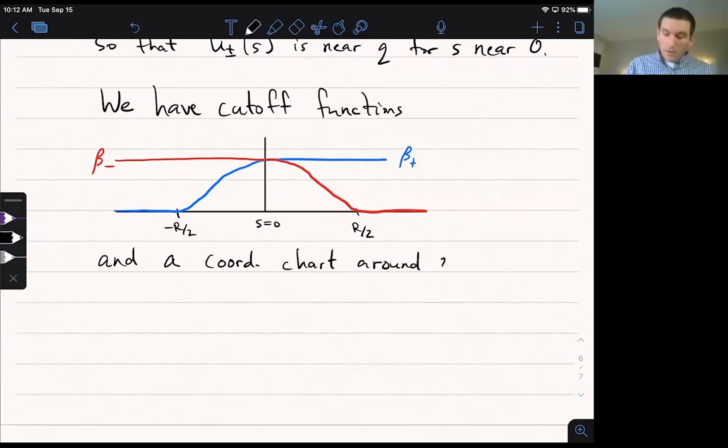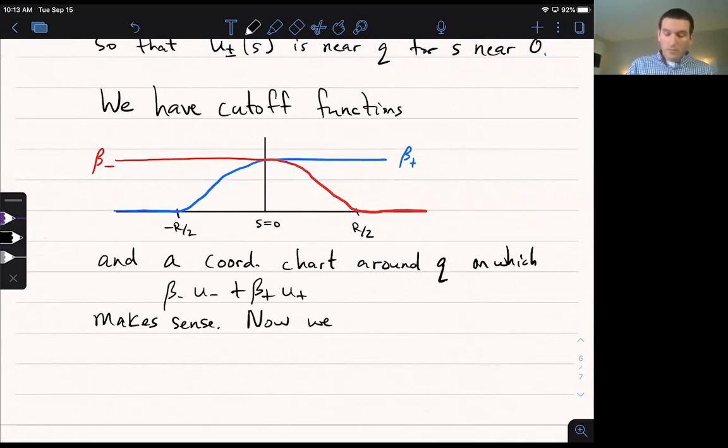So yeah, we have some coordinate chart around Q on which this linear combination makes sense of beta minus u minus plus beta plus u plus. So this is our pre-gluing, and then now we can perturb. So far, we're morally doing the same thing we did, just recapping what Joe did for us, except that, as Juan points out, we're varying the data.